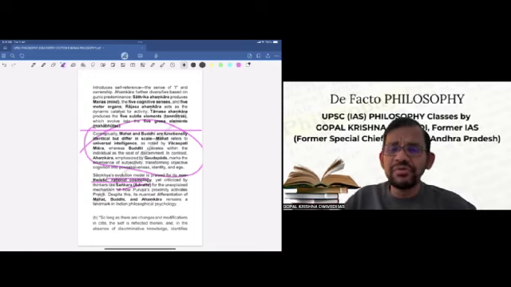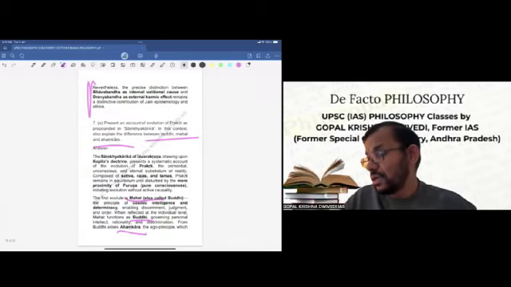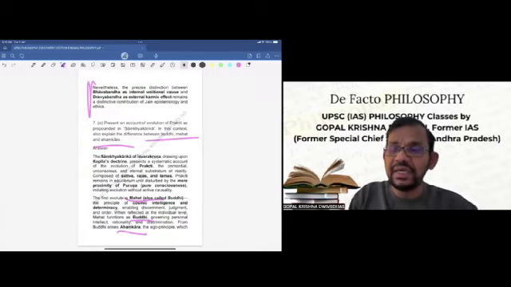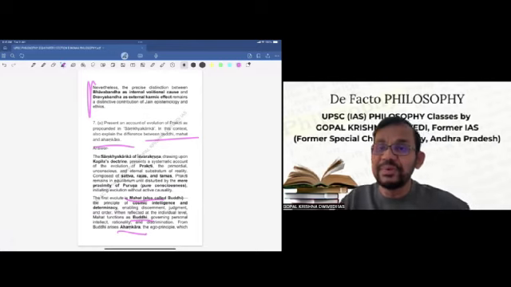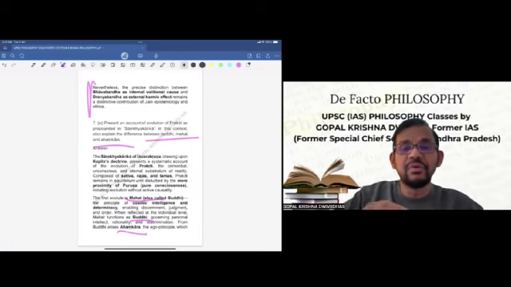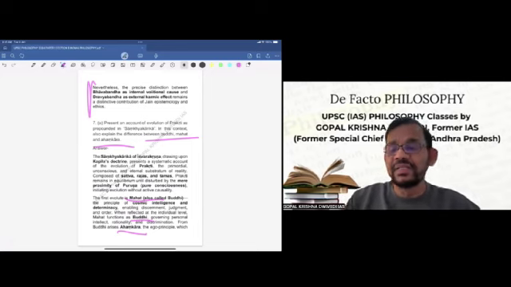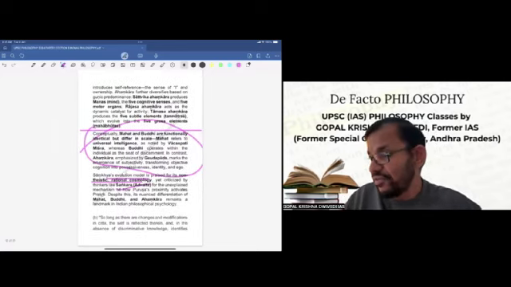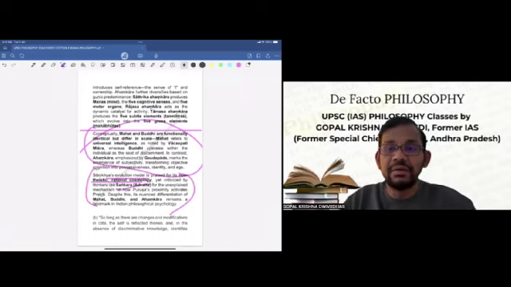Now, you see, in this question, even though critical evaluation has not been specifically asked for, because the first part is you have to present an account of evolution, and the second part is differentiate, still here, very briefly, a passing remark has been made.